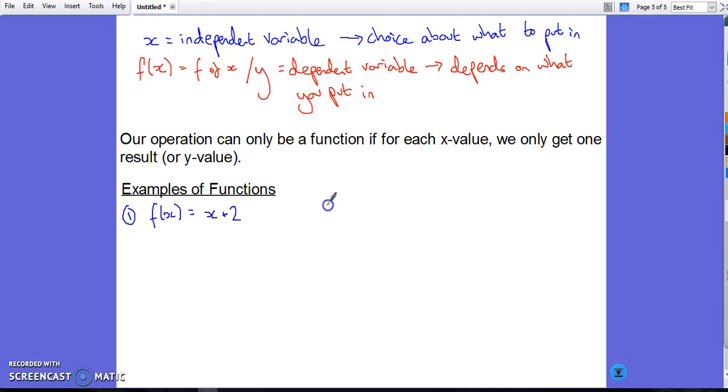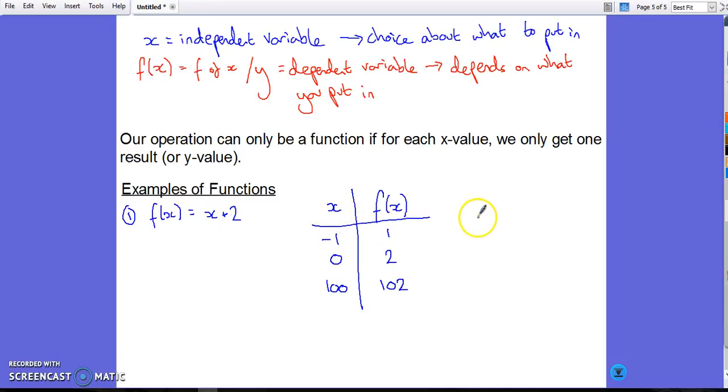I can choose some x values to put in, and I put them in my function, and they return the function values, or the y values of the function. So if I put in -1, then f of x is -1 plus 2, which is just 1. If I put in 0, I'd have 0 plus 2, which gives me 2. If I put in 100 for x, then f of x is 100 plus 2, which is 102. And this is written as a table of values.